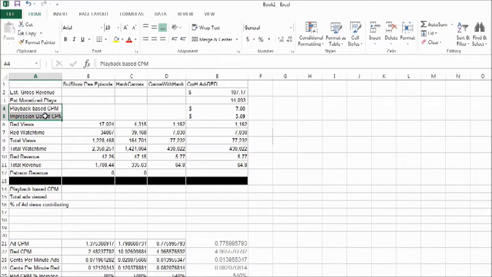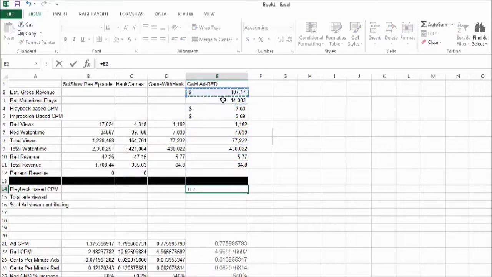So what we can basically do to get this playback based CPM is just take our estimated gross revenue, and then we are going to divide that by the estimated monetized plays, and obviously put these in parentheses and multiply by 1,000 because it's per mil, and that's how YouTube spits out the $7.60.